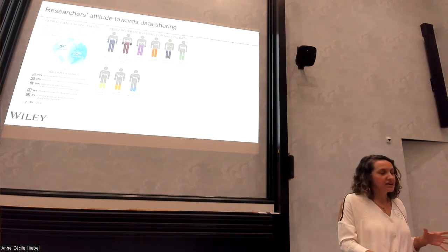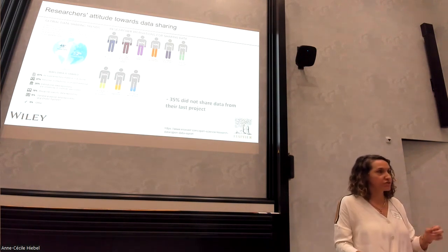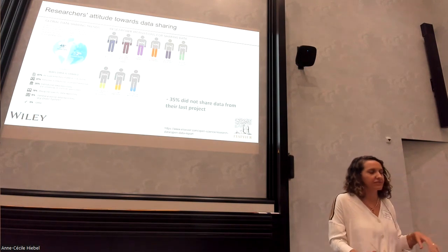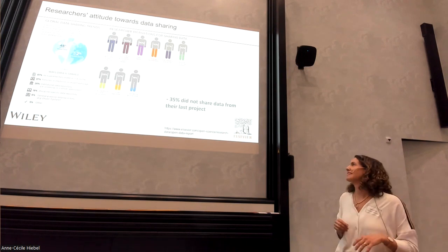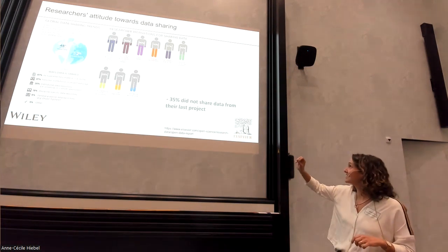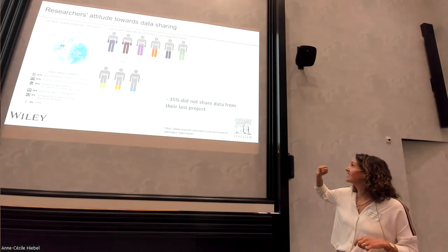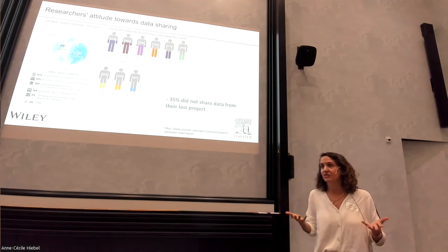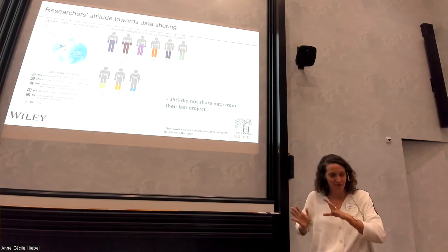And it's funny because 3 years later, in 2016, Elsevier editorial did a similar research, and only 35% of the people said that they didn't share their data on their last project. So it's starting to change slowly.